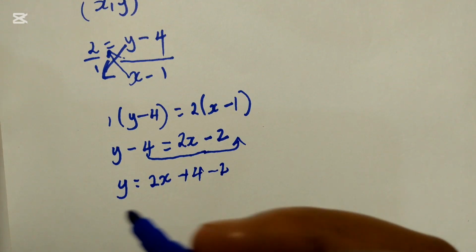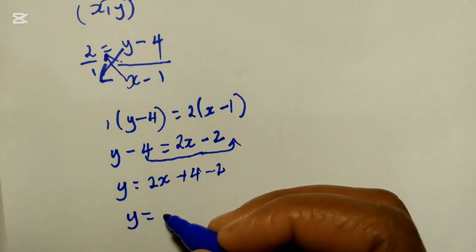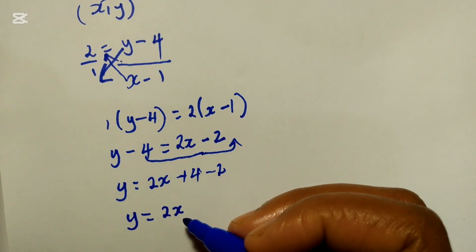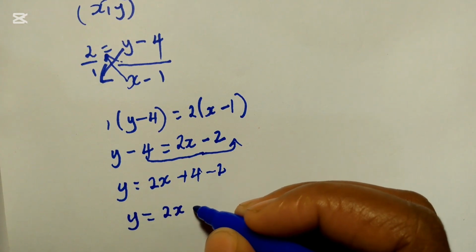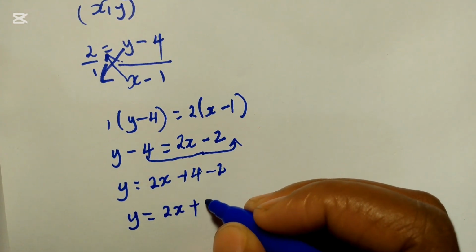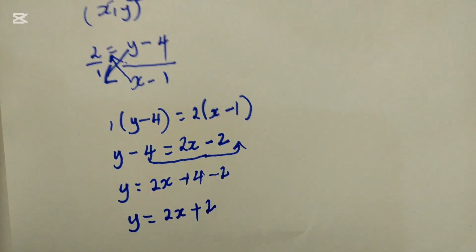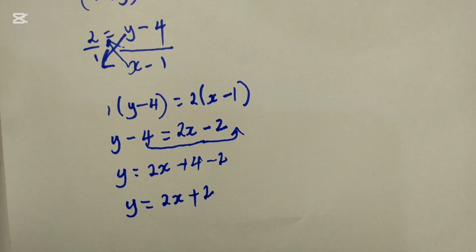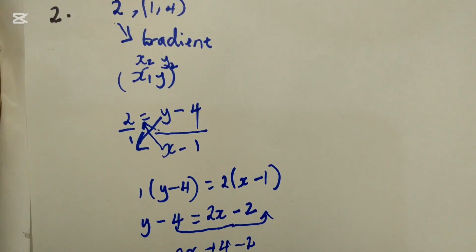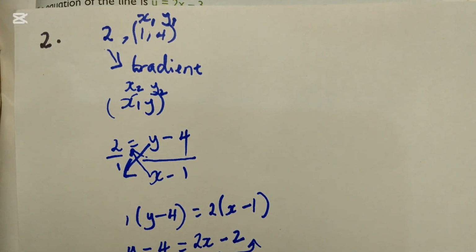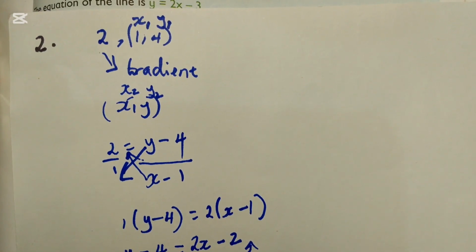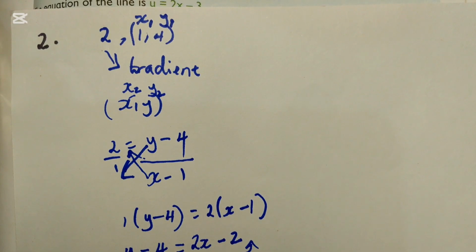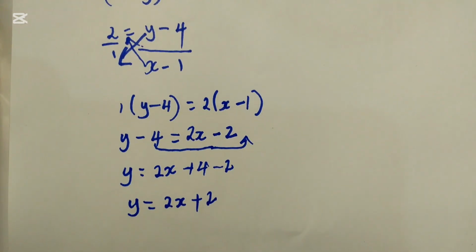And then we'll have y being equal to 2x, then 4 minus 2, which is plus 2. So that is the equation of that straight line having the gradient 2 and passing through the given point 1, 4. So that is it about that question.